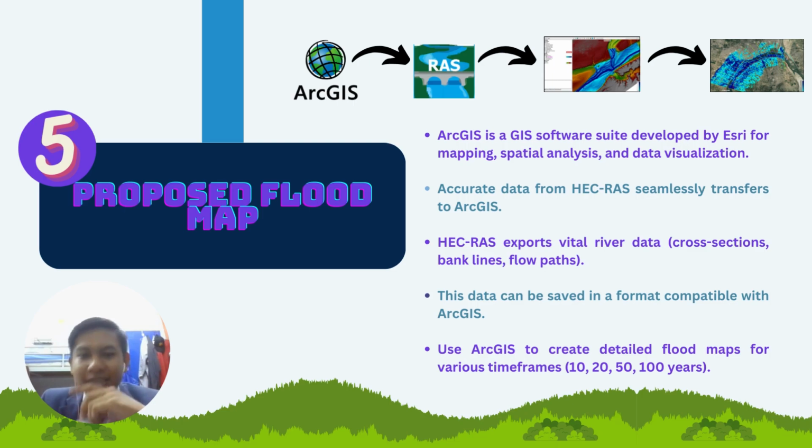And then the accurate data from HEC-RAS that we used before is seamlessly transferred to ArcGIS. HEC-RAS exports vital river data: cross-section, data line, and flow path.